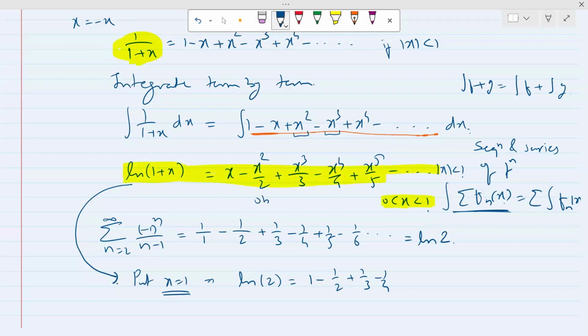If you are thinking, I am getting a question, it is a valid question. Because it is in the open interval 0 to 1, it is converted following this assumption, the equality is valid for any value of x between 0 and 1. But here we are using it for x equal to 1.